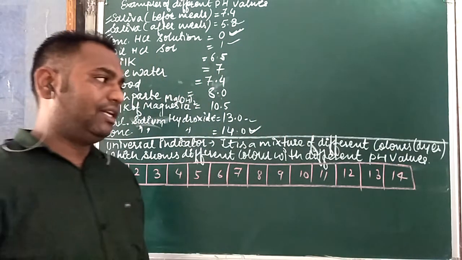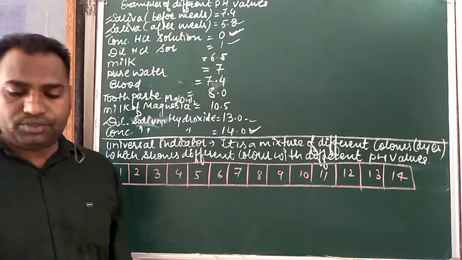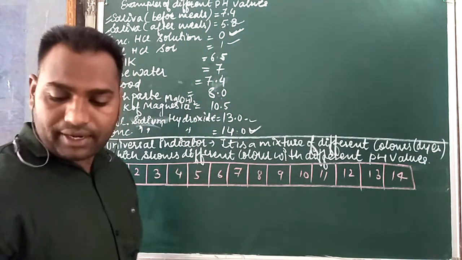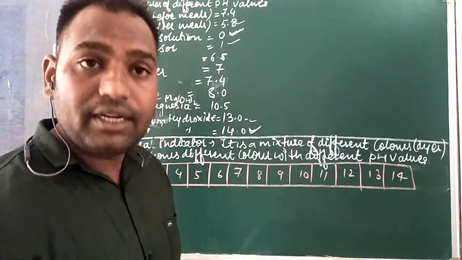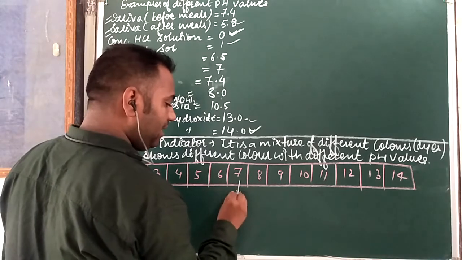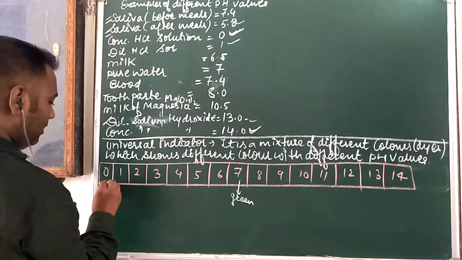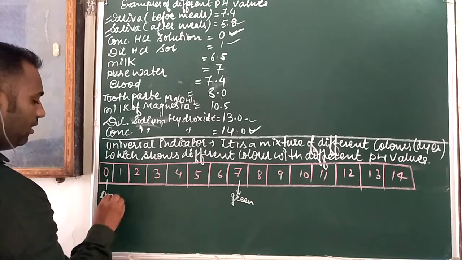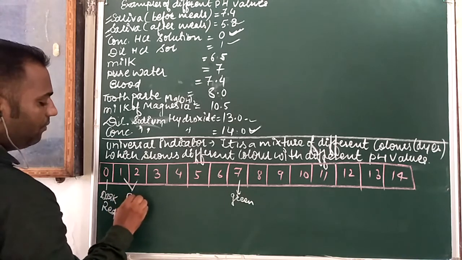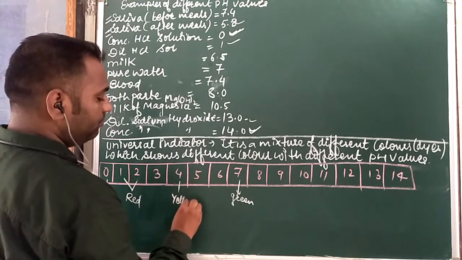In the last video you already saw the different pH values from 0 to 14. This time we are seeing what different colors are shown by these different pH values. Look, this is dark red color. These both are red color. This is yellow color.